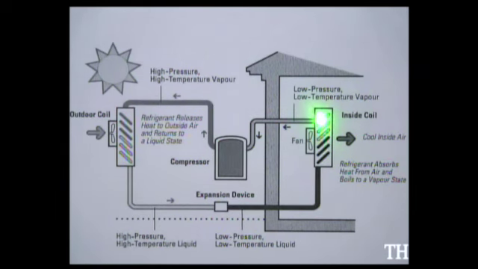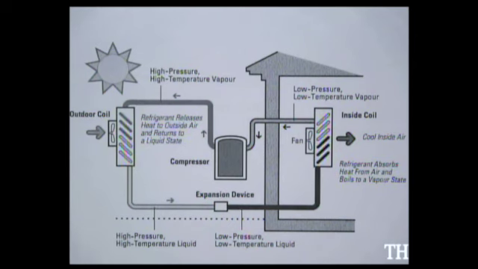When it leaves the inside coil, the evaporator coil, it's a low pressure, low temperature vapor gas. When it reaches the compressor, the compressor will then squeeze this into a hot, high pressure gas, which then flows to the outdoor condensing coil, where the aluminum fins on the condensing coil help dissipate the heat, and the outdoor fan motor pulls air from outside across the condenser coil and exhausts it away from the unit.